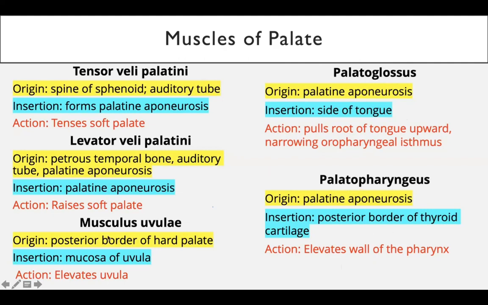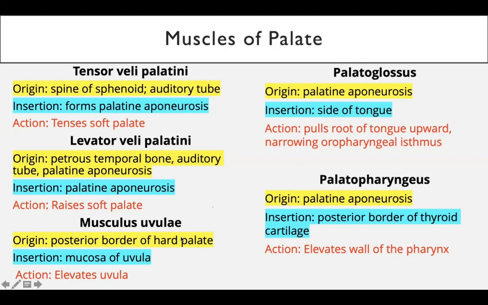So musculus uvulae, as we have seen, is the muscle that the palatine aponeurosis splits and encloses. It starts from the posterior border of the hard palate, and it is basically in the soft palate, because the soft palate is muscular.